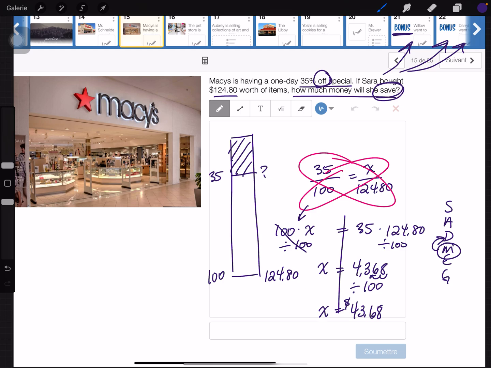These problems will be asking you to do an extra step at the end. So in addition to doing these steps with our proportions, they're going to be asking for some of the totals. How much did you spend in total with a tax or a tip? And what was the end price that you paid with the discount?